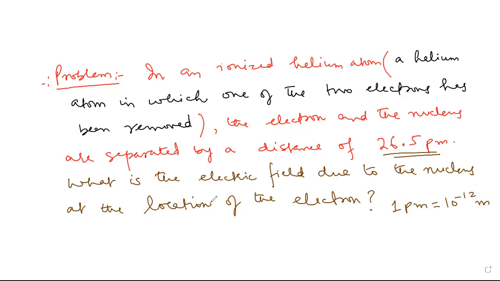So what we are asked to solve for is the electric field due to nucleus at the location of the electron, right? So you know the expression for the electric field. So let us move to the solution.